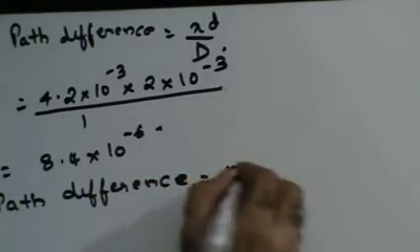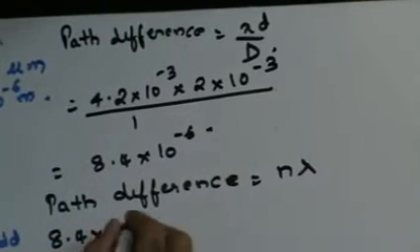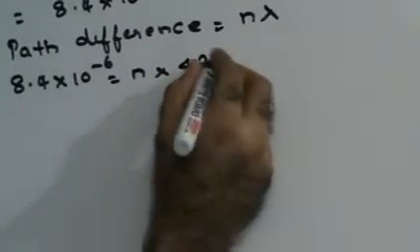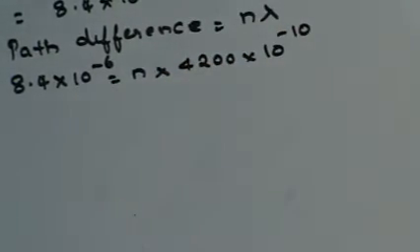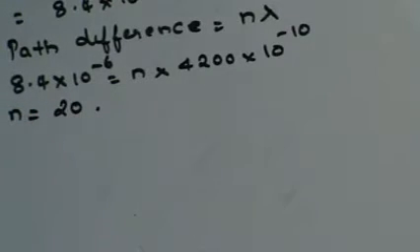Now, once I have this, path difference is also given by the formula n lambda. You found path difference to be 8.4 into 10 raised to minus 6, which is n into lambda. Lambda is 4200 into 10 raised to minus 10, in which case you will get the value of n to be 20.